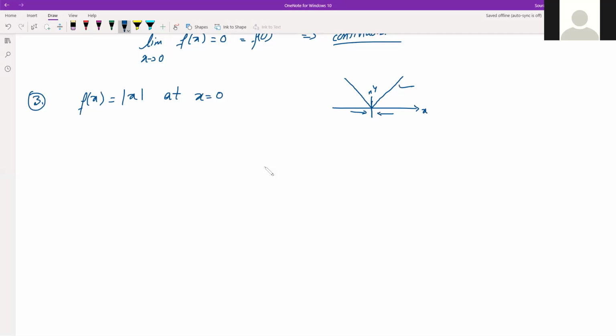If you see this section, actually the graph has two sections. This section can be written as y is equal to x, and this section is actually y is equal to minus x.